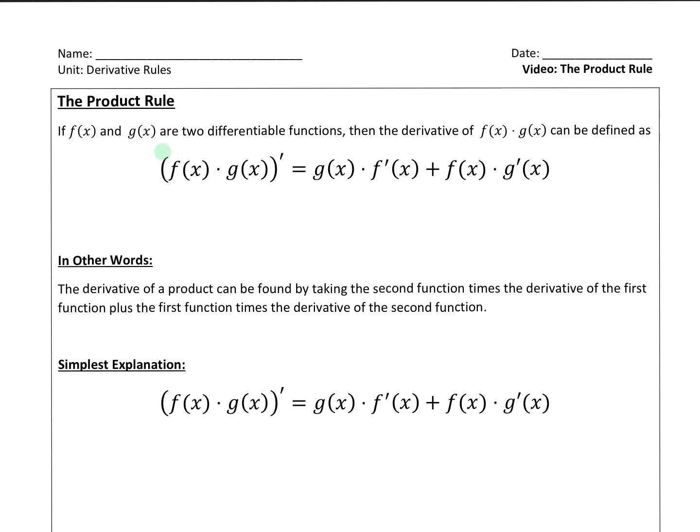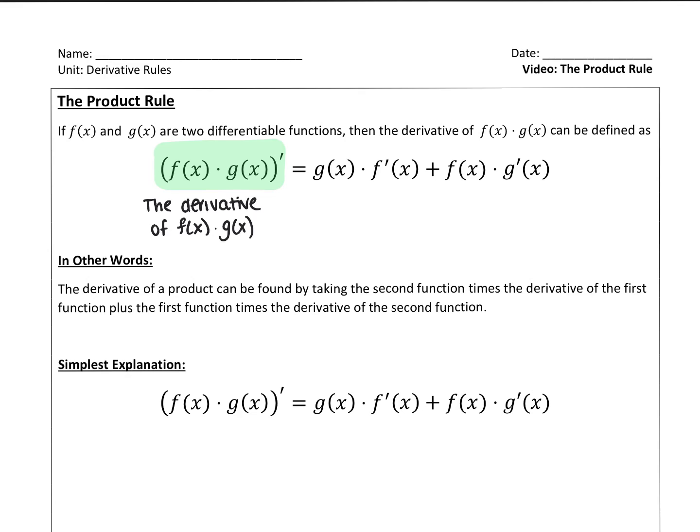This part here, f of x times g of x prime: you should notice that prime notation means the derivative. So this first piece is the symbols for the derivative of f of x times g of x.